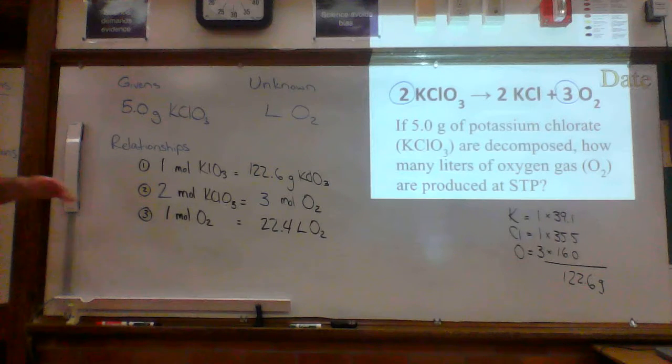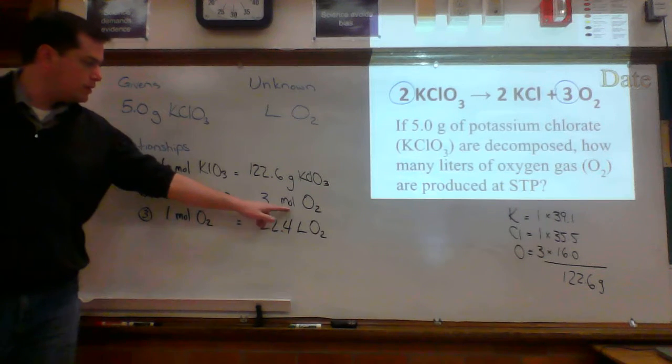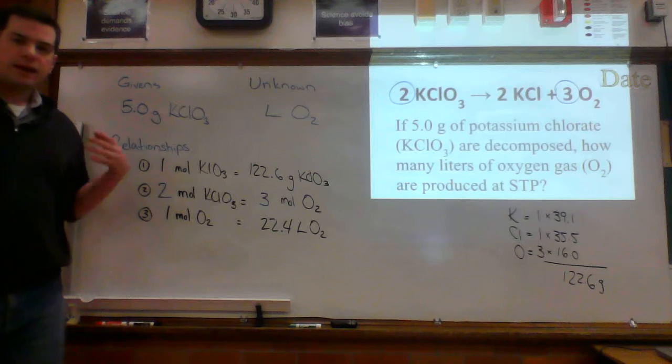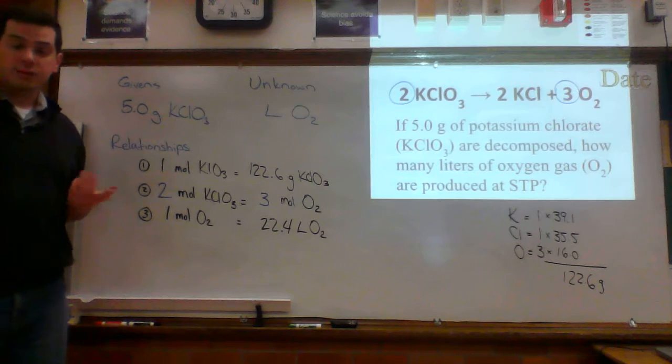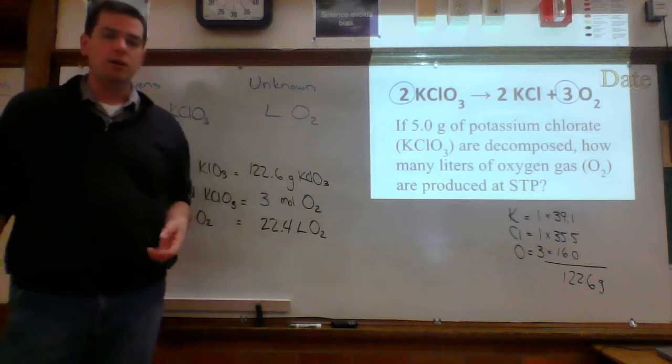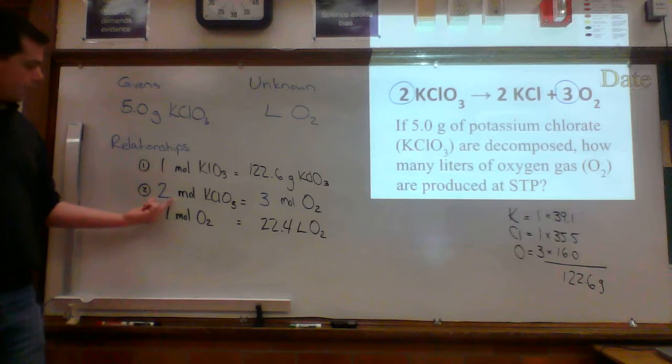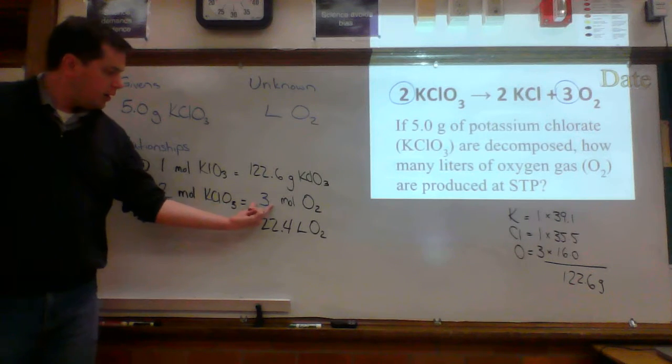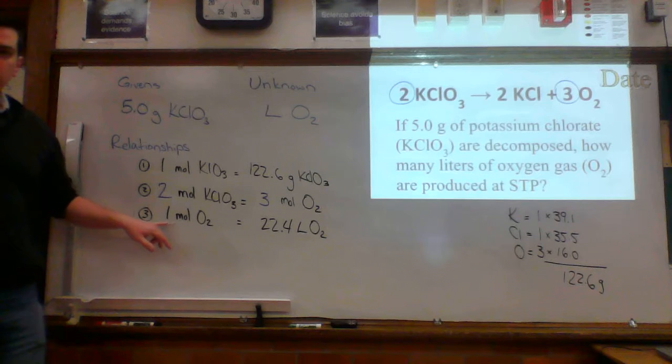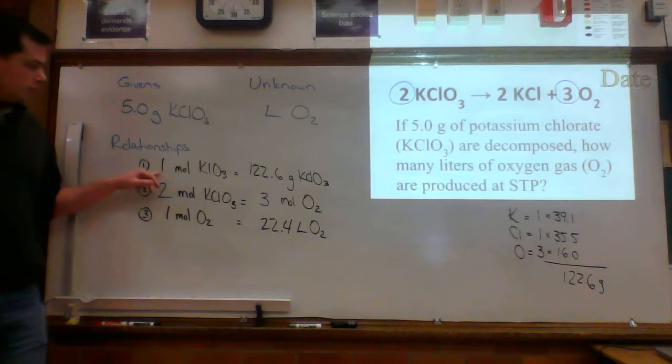And if you notice, this is the only one where the number that goes with moles isn't necessarily 1. Sometimes it is, if the coefficient is 1, but sometimes it's not. So I have 2 here and I have 3 there. But look what I did down here. It's 1 mole again. Up here it's 1 mole.